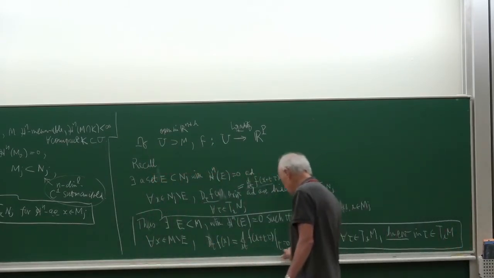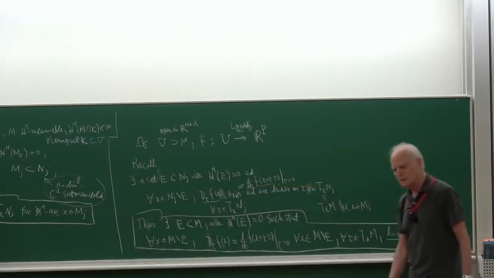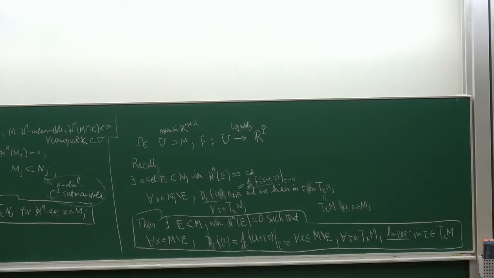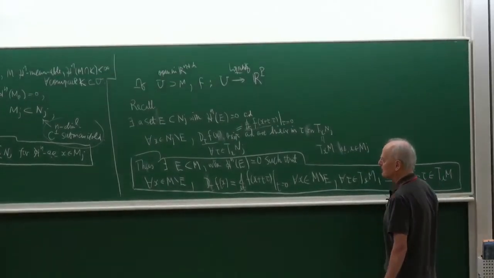Now we can do quite a few of the things that we were doing on C1 submanifolds on rectifiable sets. Let's talk about a couple of those.